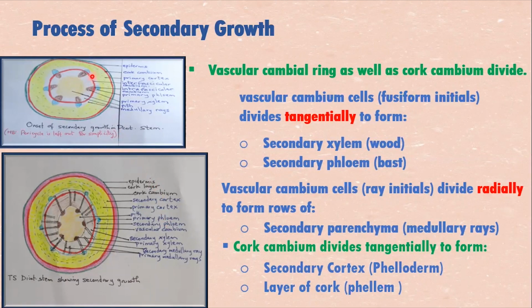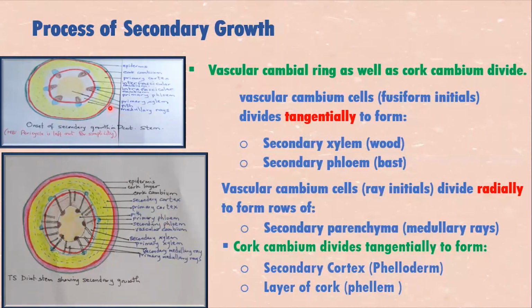Now, here, the vascular cambial ring, as well as the cork cambium, they all work to divide and build tissues at the same time. So here, the vascular cambial ring has two types of cells, fusiform initials and ray initials.